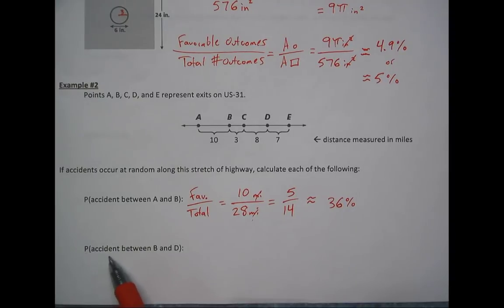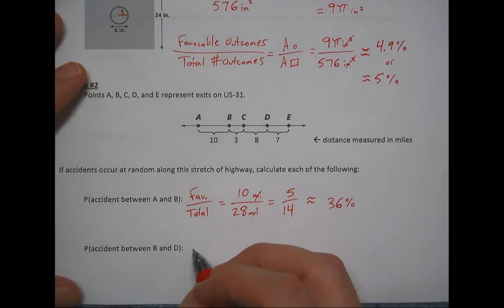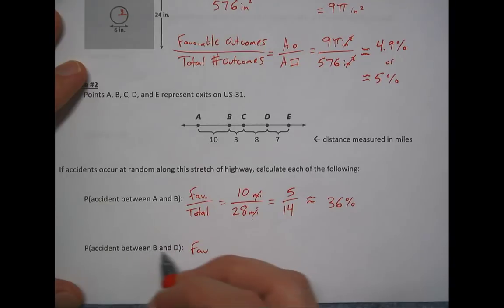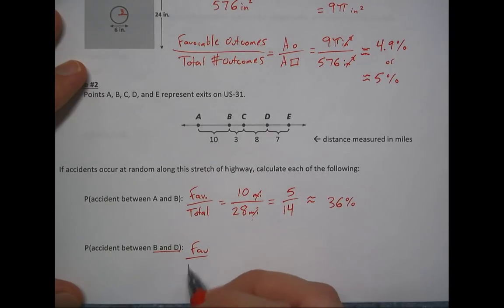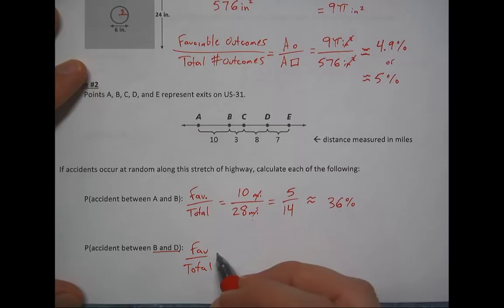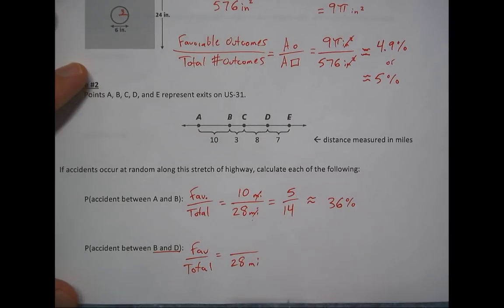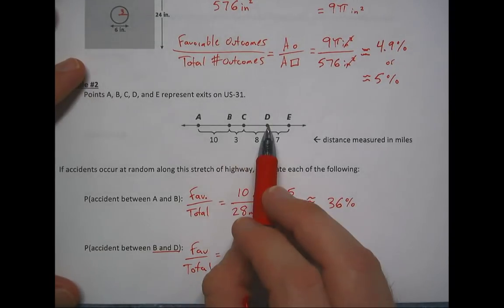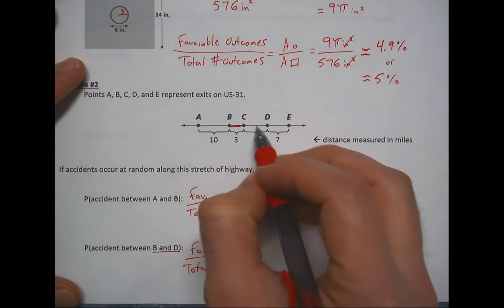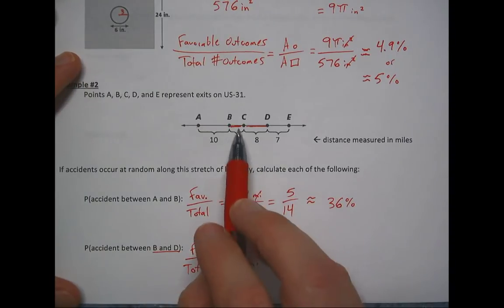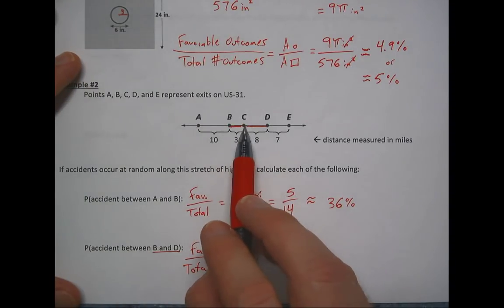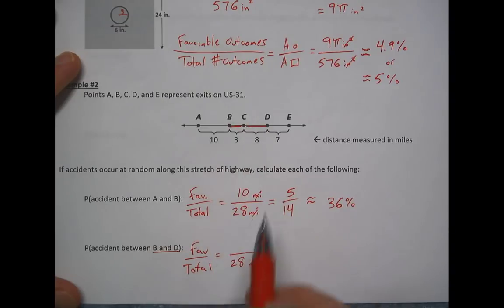All right, so the probability of an accident between B and D. So we're going to put our favorable outcomes, which represents the actual distance between B and D, and our total number of outcomes, which we already know is 28. So the distance between B and D, so this whole distance. So we know this is 3 from B to C. We know this is 8 from C to D. So altogether, that's 11.